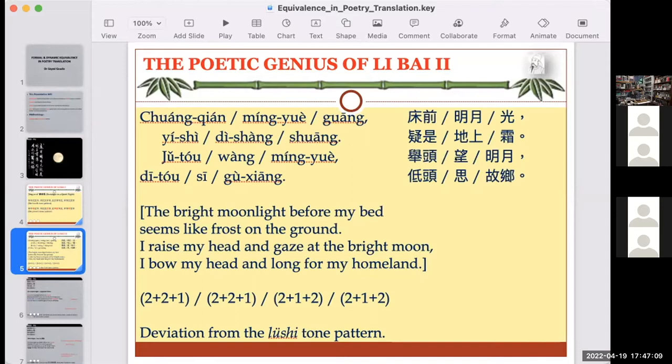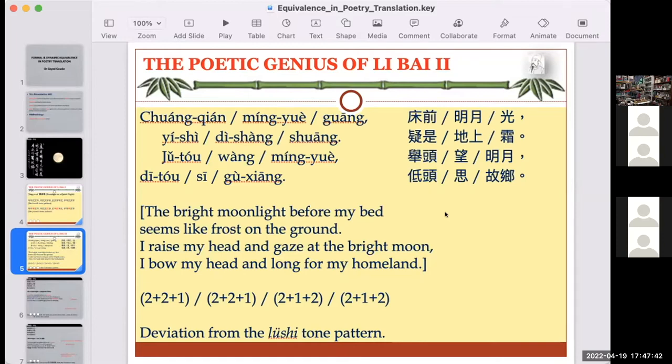Ju Tou Wang Mingyue, Di Tou Si Gu Xiang. We notice here there is also a change if we read it this way. I mean, if we scan the poem this way, we notice that 2-2-1, and then 2-2-1, and then 2-1-2, 2-1-2. Is there any meaning for this change in the rhythm?